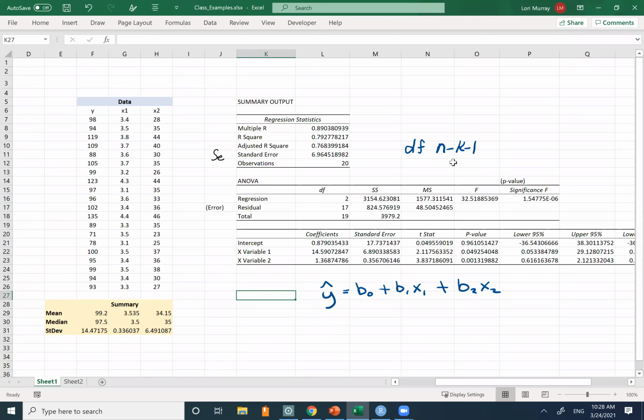That gives you 17 degrees of freedom. If you look these up for 17 degrees of freedom, you'll see that for the intercept, it's going to have a very high p-value. This one here is 0.04925. And so Excel gives us the exact p-value, where our t-table gives us a range, but we can still tell if there's statistical significance or not.